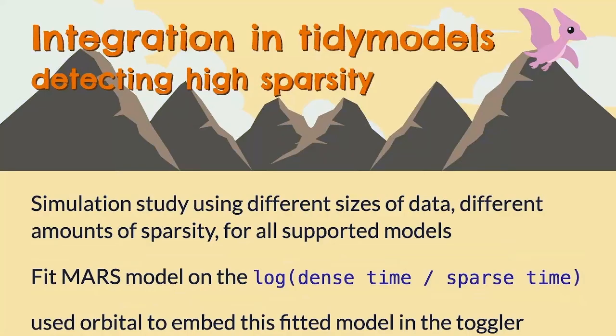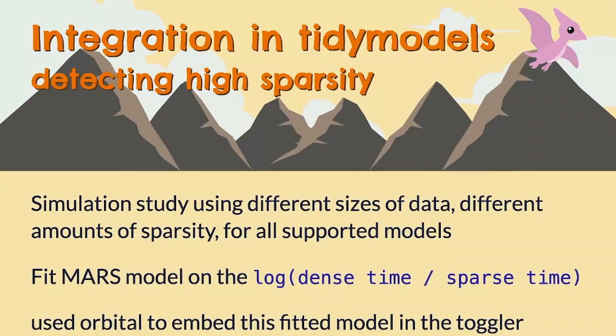I then set up a simulation study that takes around a couple of 100 hours to run, and it is fitting models that explicitly state that they're supporting sparsity, and we're doing different numbers of rows, numbers of columns, and amounts of sparsity, and with that we're fitting a model that says which one is faster.